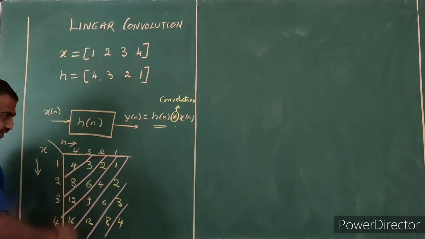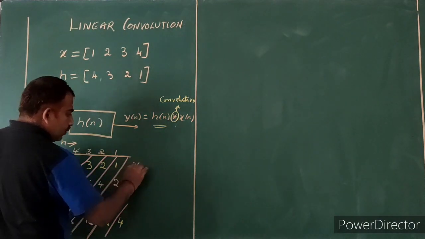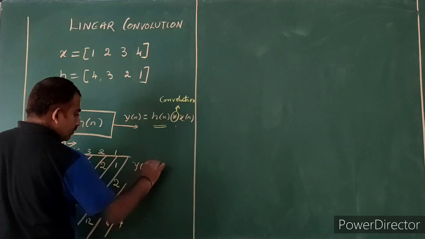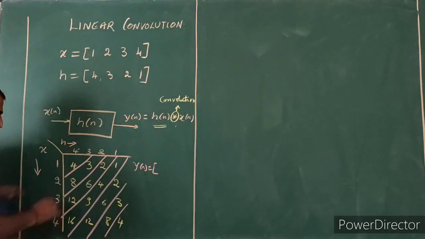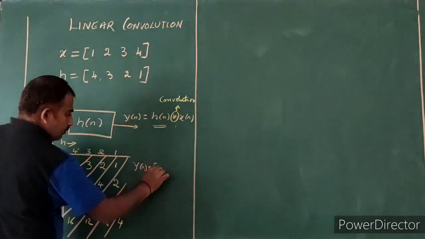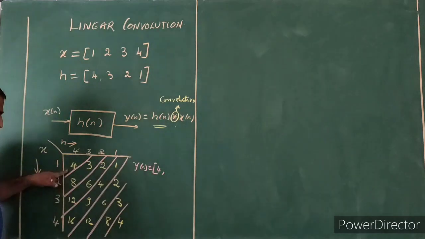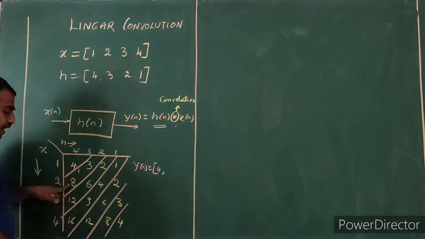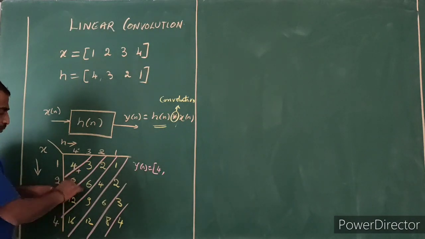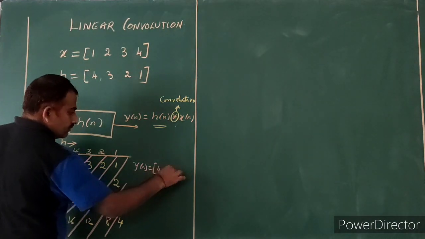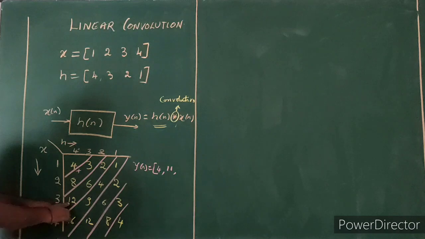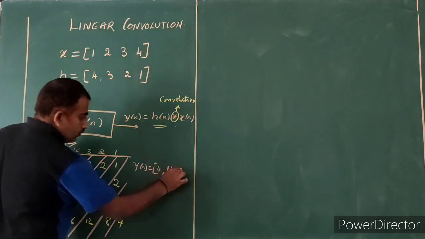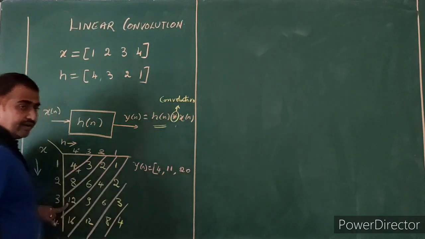Now let us write the final result, y of n. What is the first value? 4. Next, it has two values, we have to add. So 8 plus 3, 11. 12 plus 6, 18. 18 plus 2, 20.